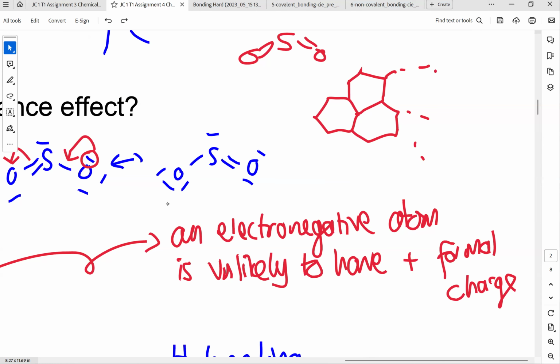You can draw this like this structure, right? Each of the double bonds here, the pi bond, can delocalize like that, like that, like that, and so on. That's how the whole structure can conduct electricity.